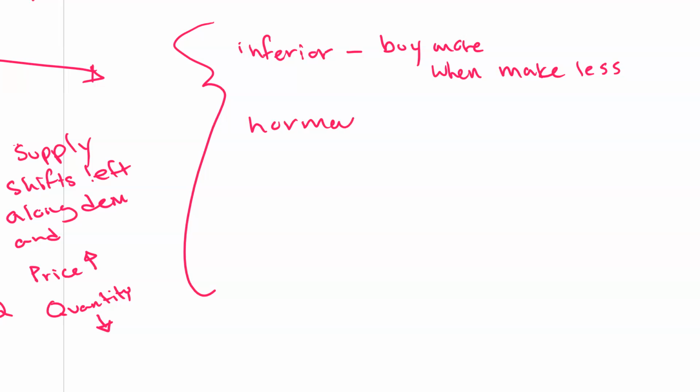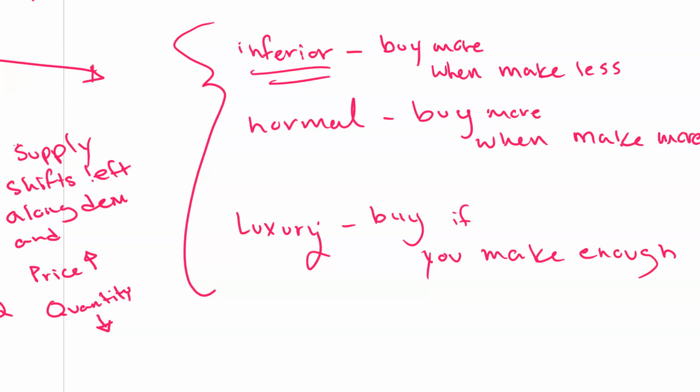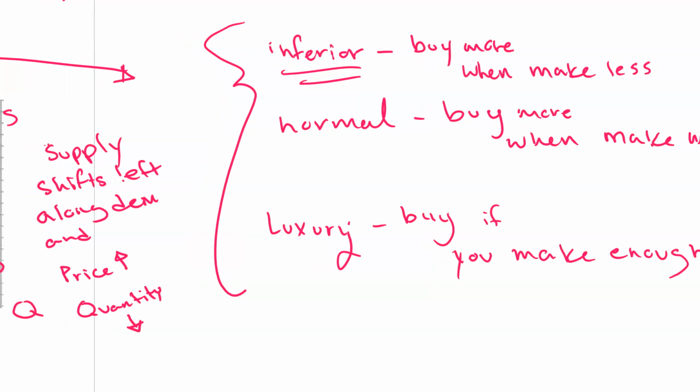Normal, you buy more when you make more. And then there's the luxury goods, which you can only buy if you make a certain amount of money. All right, so we're going to be talking about inferior goods here. So if our income goes down, we're going to buy more of it.